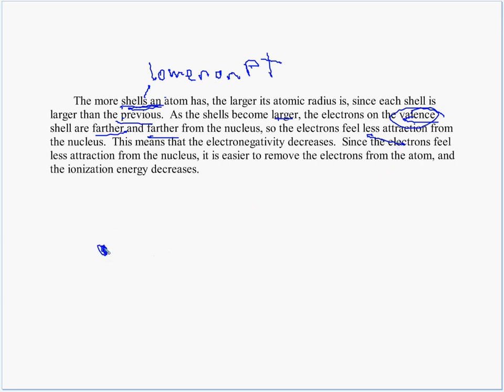Because if this is your nucleus and you've got an electron right here, it's going to feel a lot of attraction. But if you've got one all the way over here, it's like long distance romance. It just doesn't work. This electron's like, see ya. They feel less attraction from the nucleus. So electronegativity decreases. Since the electrons feel less attraction from the nucleus, it's easier to remove the electrons from the atom, and the ionization energy goes down.